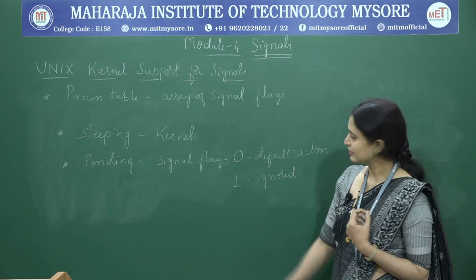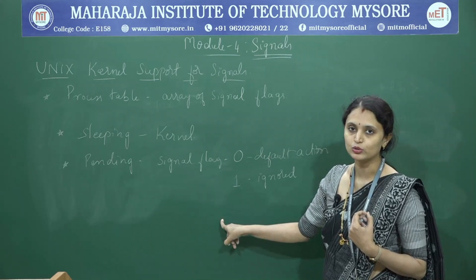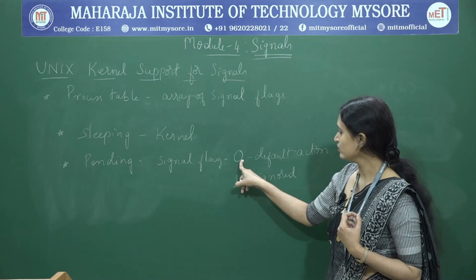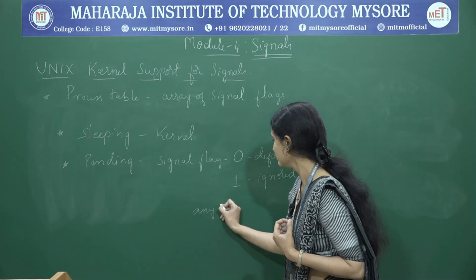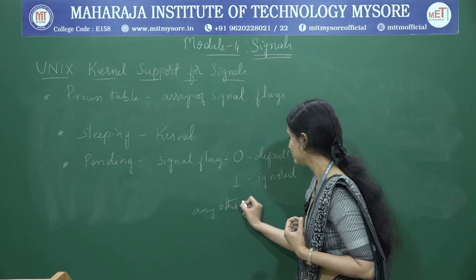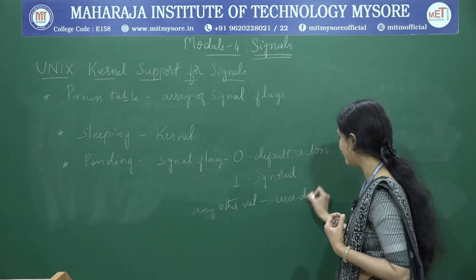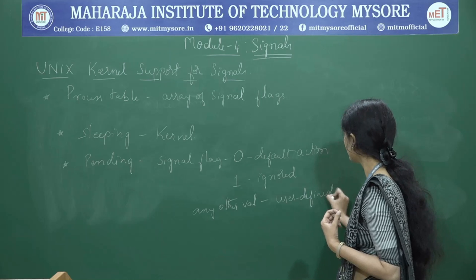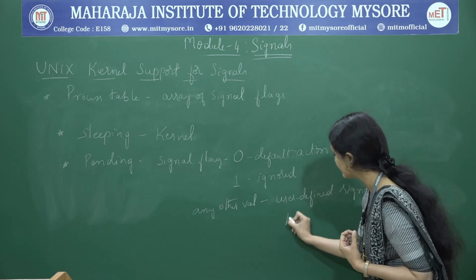Suppose the signal flag has a value other than 0 and 1, that means any other value, in that case the corresponding user defined signal handler will be executed.